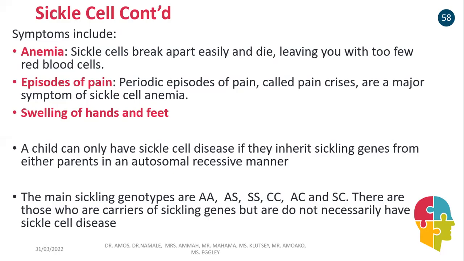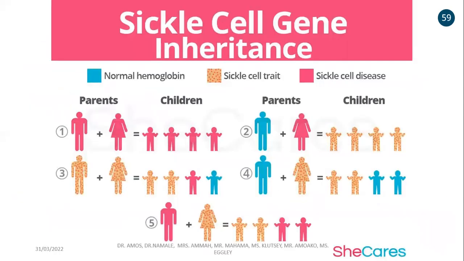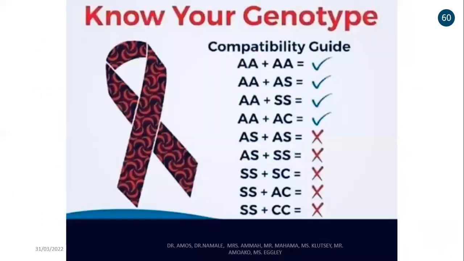So CC means that the person has hemoglobin C disease. Then AC, the person is a carrier for hemoglobin C disease. Then SC means that the person has both sickle cell and hemoglobin C disease. So you cannot have sickle cell unless you inherit it from your parents. So it happens in a recessive manner.